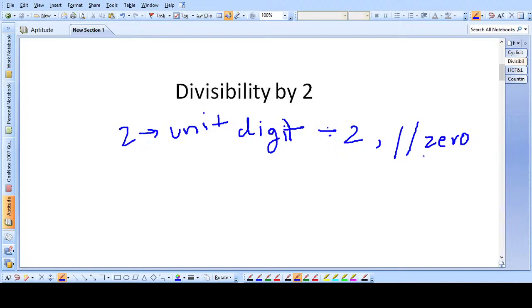Okay, so if any one of the conditions is true, if the unit digit is divisible by 2 or the unit digit is 0, then we will say that हाँ भैया, this number is divisible by 2.